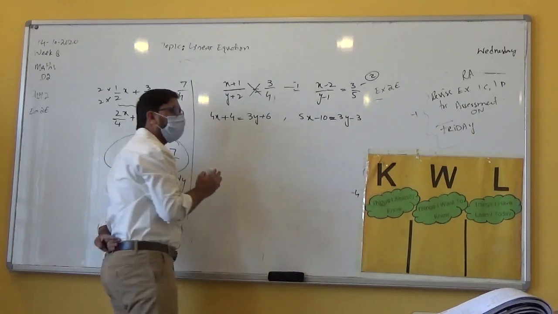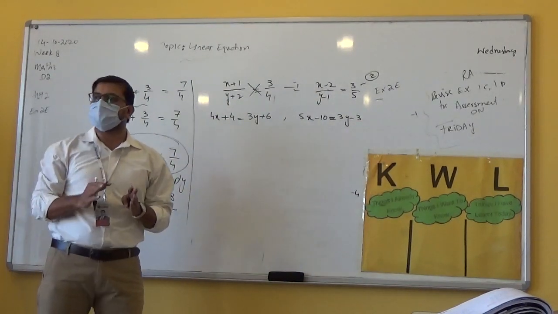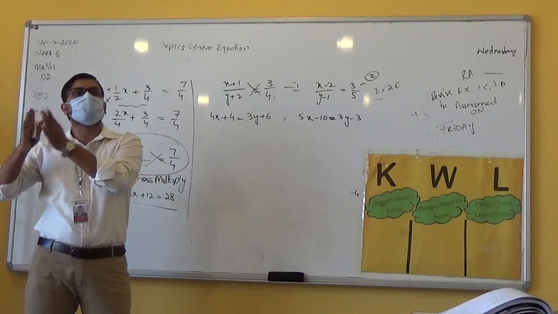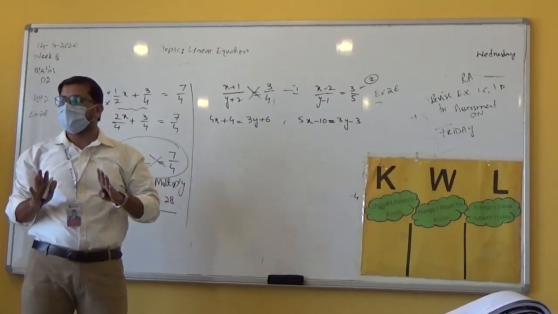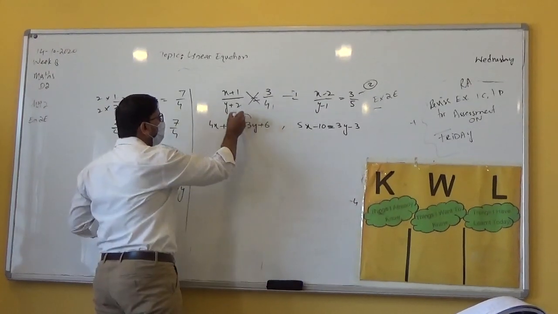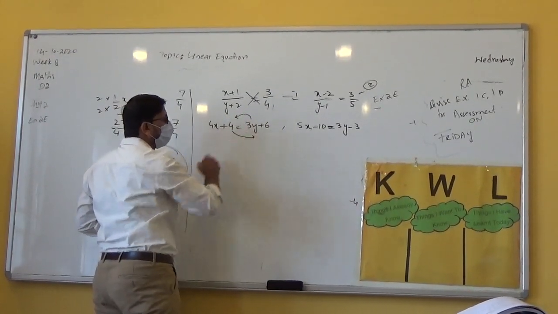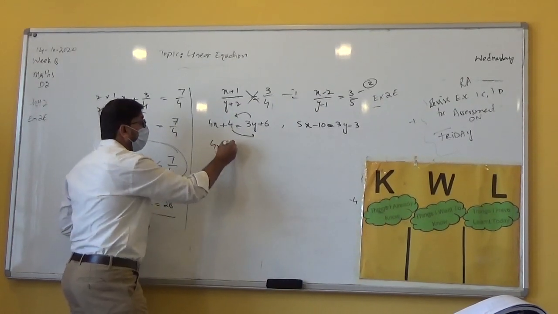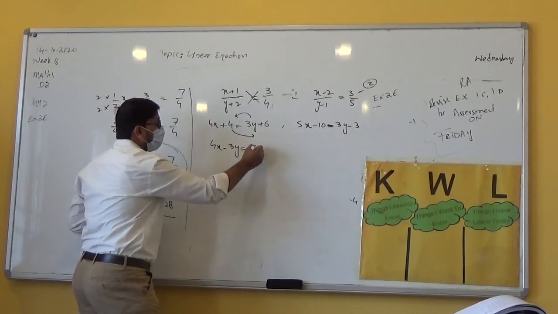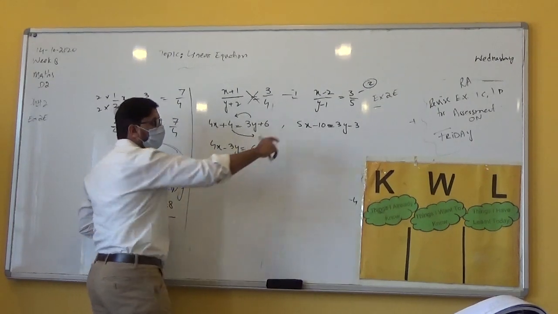minus 3. Now, the rule for simultaneous equations: all variables will be on one side and constants on the other side. So 3y will shift to this side and 4 to the other side, following the rules of equality. Meaning 4x minus 3y is equal to 6 minus 4.